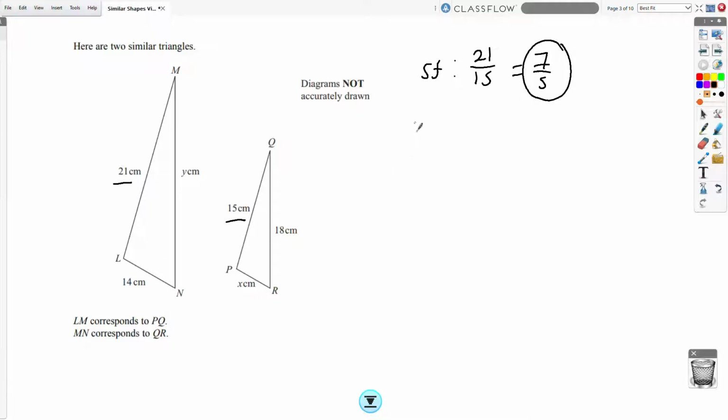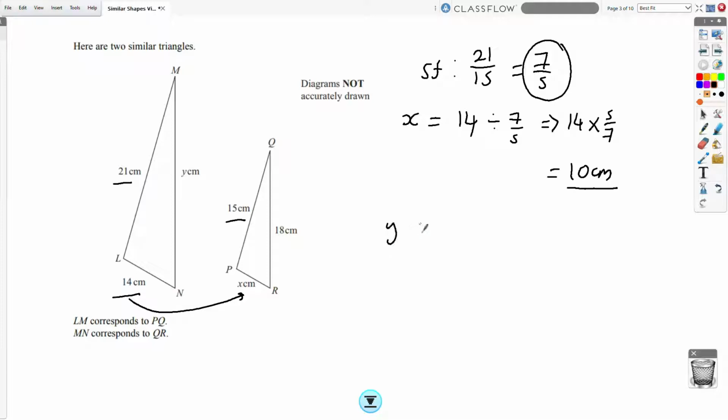To work out x, which is on the smaller triangle, you know it's going to be a smaller length. So we need to do 14, which is the corresponding length, divided by 7/5, which is the same as 14 times 5/7, which will give us 10 centimeters.